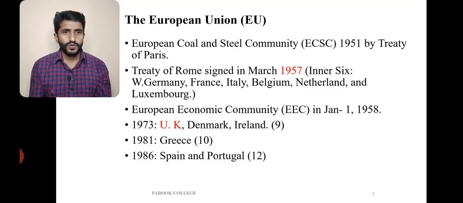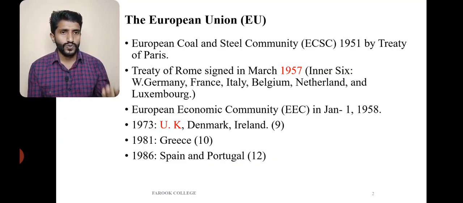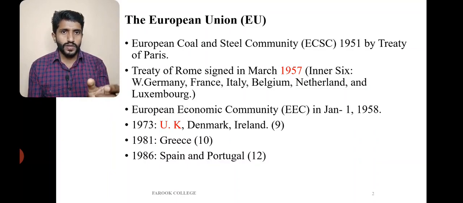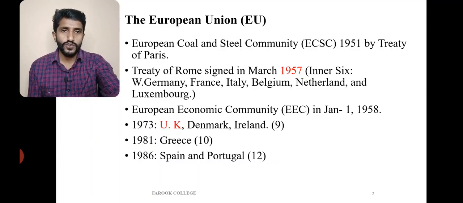Then in that economic community some other nations also joined, like in 73 the United Kingdom, Denmark and Ireland joined. Then it was 9 members. I have mentioned the UK because the UK later left the European Union. Then in 81 Greece joined, in 86 Spain and Portugal.